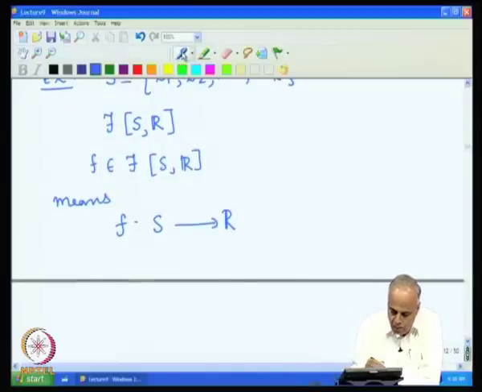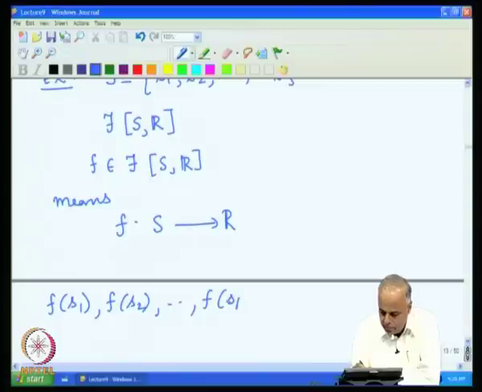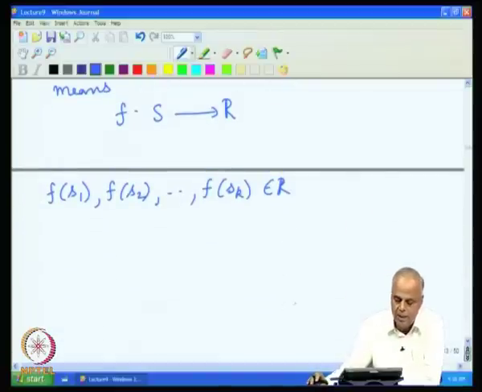So we will have F(s1), F(s2), etc., F(sk), which will all be real numbers, and therefore they are k real numbers.